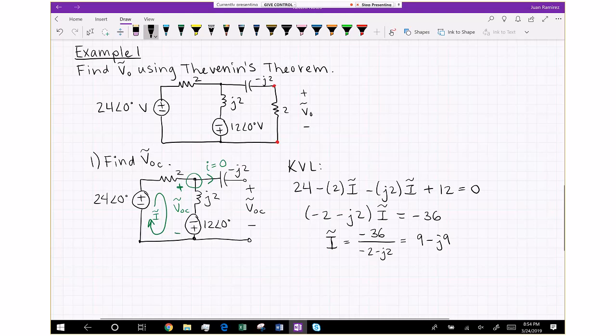Now that we have I, we can find the voltage across the J2 impedance, and that'll tell me the open circuit voltage. So the open circuit voltage, which is also the Thevenin voltage, is equal to negative 12, because of the polarity, plus J2I.